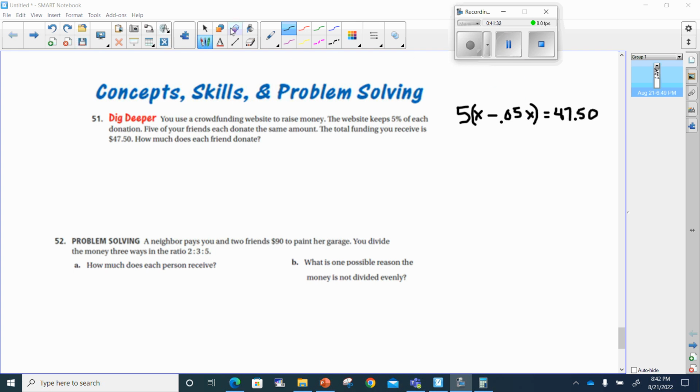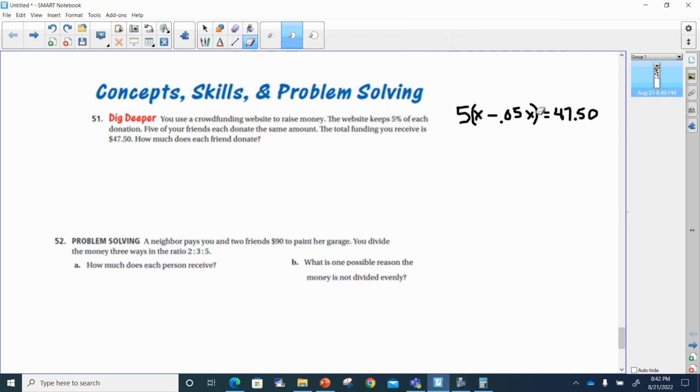In fact, we could do this, but you would really have to take off the X. Because this would be the amount that they donated minus the 0.05, and there's 5 of them. So you're going to have to subtract that from each one. 5 times X will be 5X.